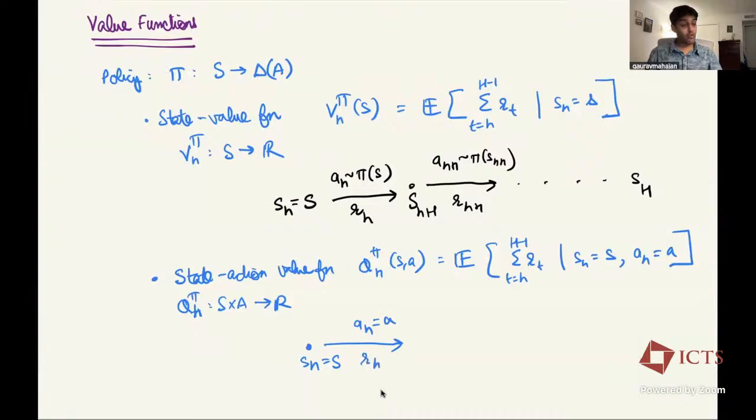That's the first randomness, where we get the reward. Then we sample the next state, and we continue, so AH plus 1 is sampled from the policy at SH plus 1 again, and so on.